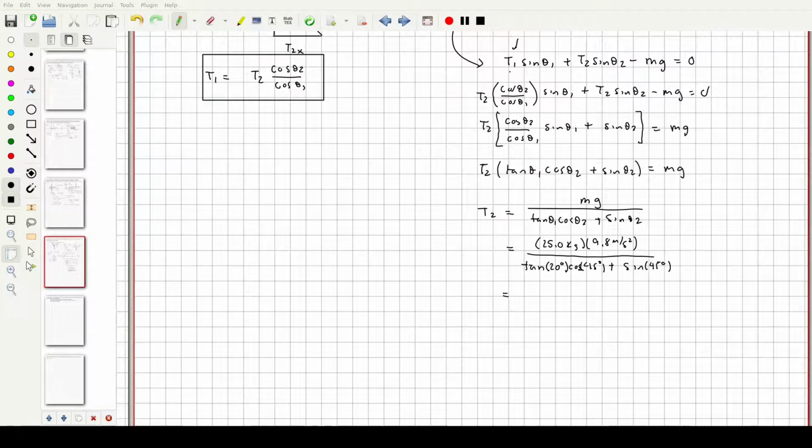All right, let's see here. Times cosine 45. So this is a little bit longer.